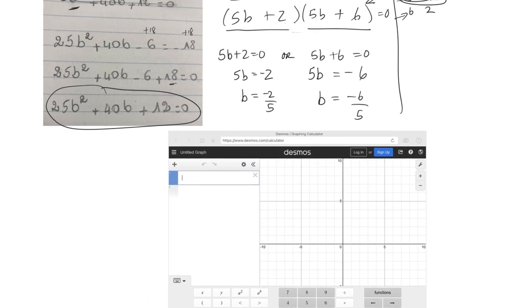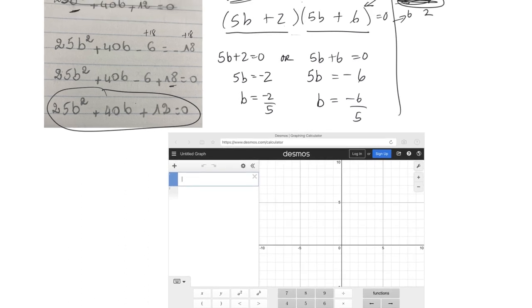Okay, so this will be 25, and then instead of b, I'm putting in negative 2 over 5. Negative 2 divided by 5, okay? Bracket, squared, plus 40 times b again, so negative 2 over 5, minus 18.